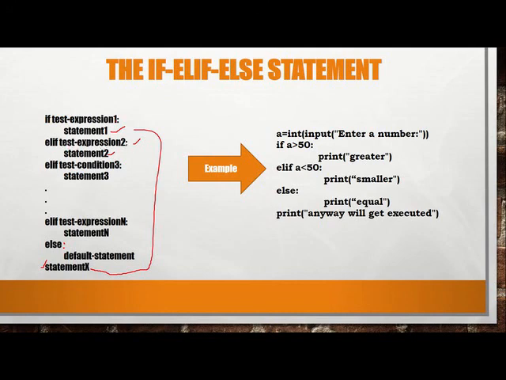If that gets satisfied, the statements there will get executed, and from here it will directly jump to statement X. So whenever a condition gets satisfied, it will directly jump to statement X, that means the first unindented line of code.